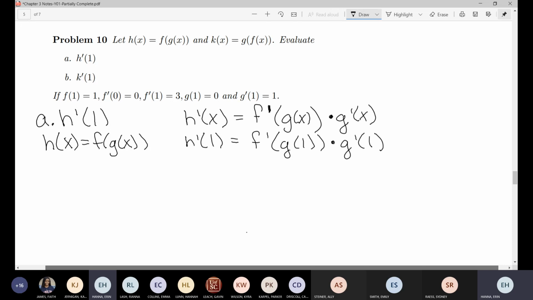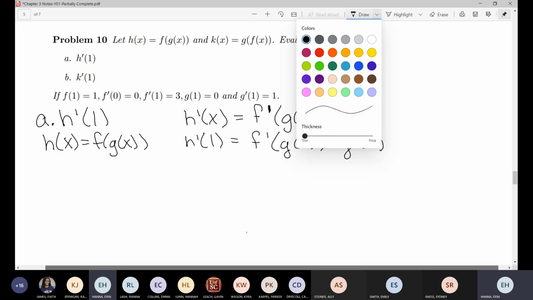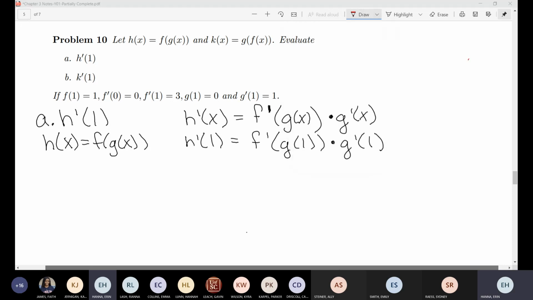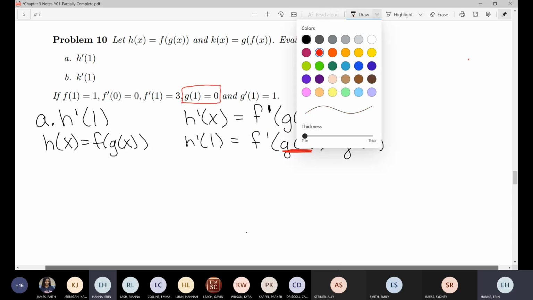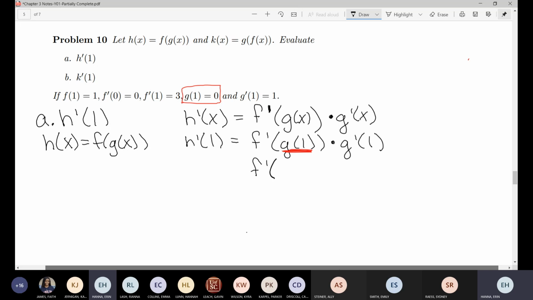Now I can start figuring out what this is. Remember, when you have a composition, which is this first term, always start inside out. So the first thing we need to talk about is g of 1. What's g of 1? It's 0. So that would become f prime of 0 times g prime of 1.